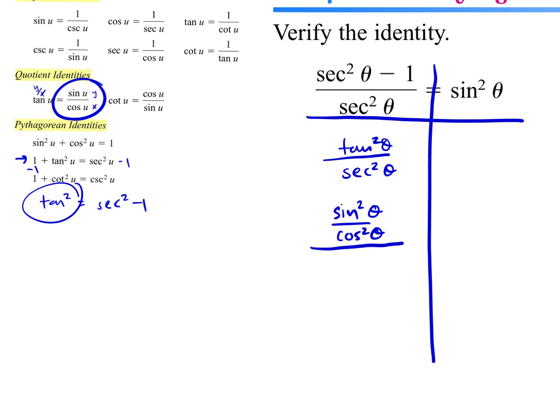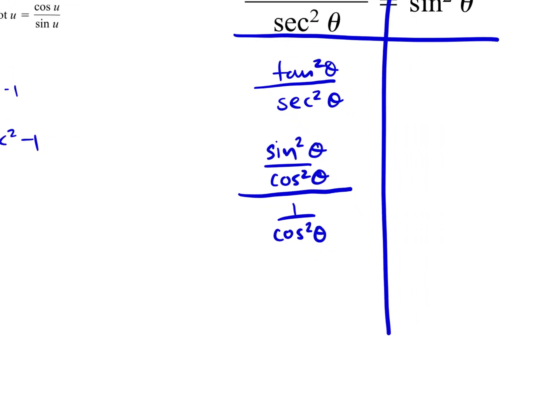Over, I can change secant squared to 1 over cosine, so make it 1 over cosine squared. What do we do if we have a fraction in a fraction? Keep, change, flip. We're going to keep the top, change to multiplication, and flip the bottom. So I'm going to flip it to cosine squared over 1.